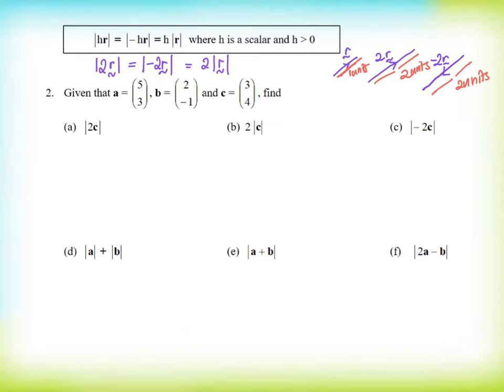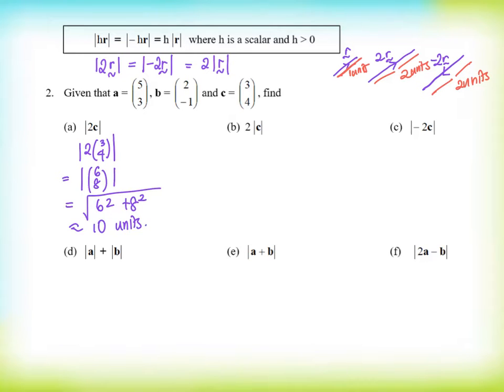Now let's try to find out the following answers for question number 2. So the length of 2C will give you the magnitude of (6, 8), the square root, and we'll get the answer of 10 units.